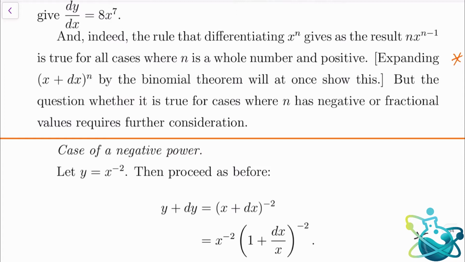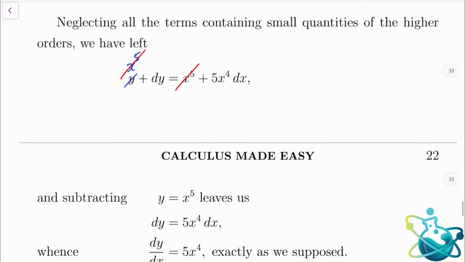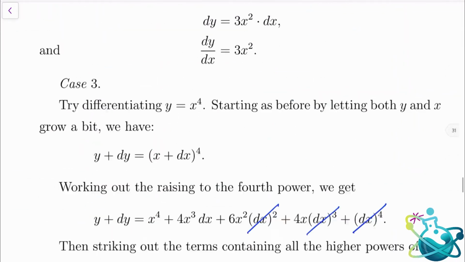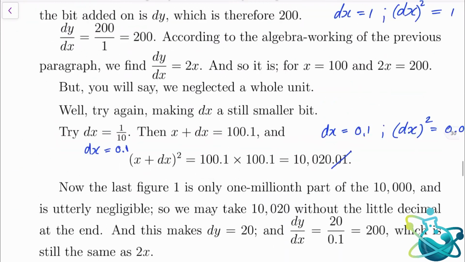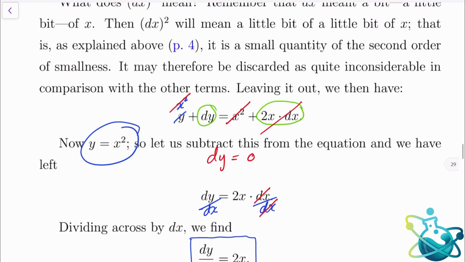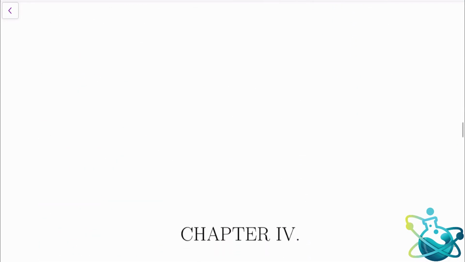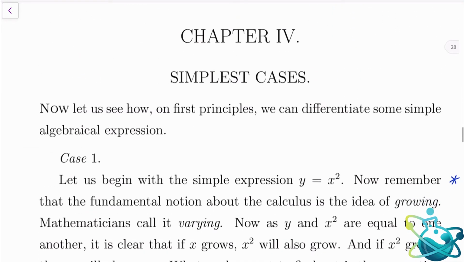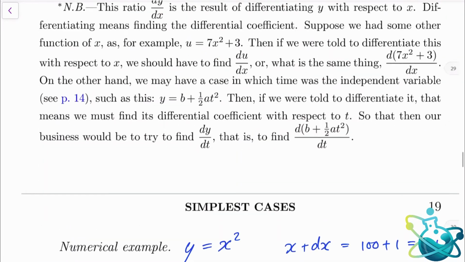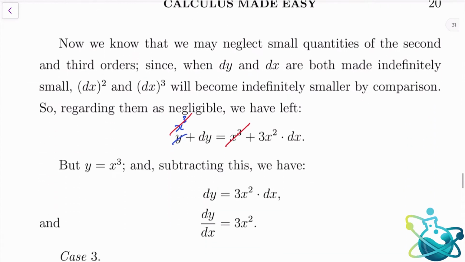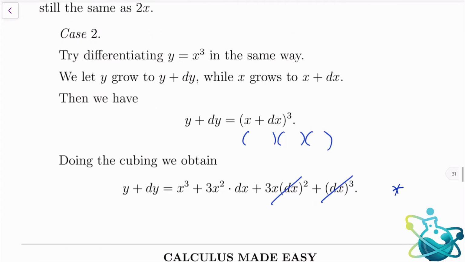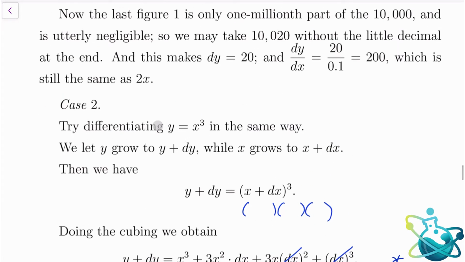All right, guys. In this section, we're going to continue with this discussion of simplest cases for the derivative. Guys, in the previous section, we looked at case 1, which was about y equals x squared. Case 2, y equals x to the power 3.